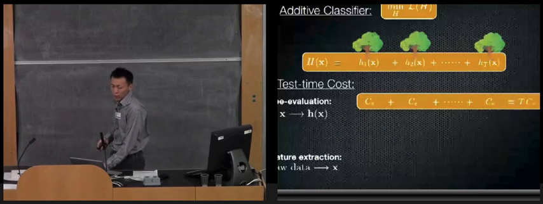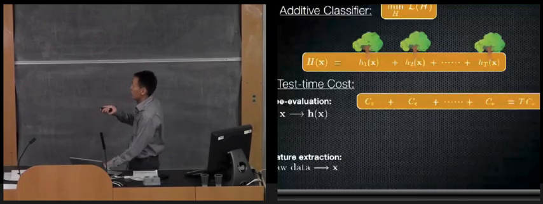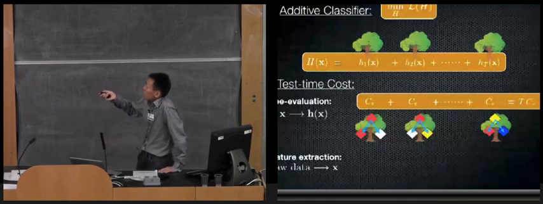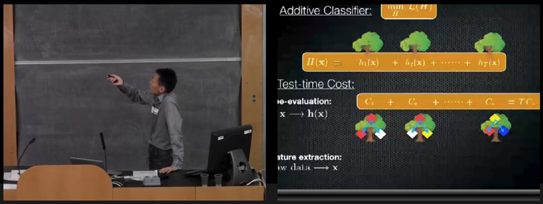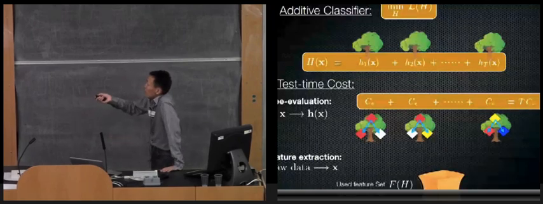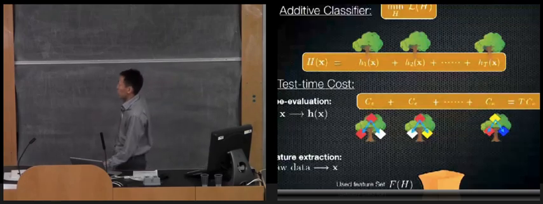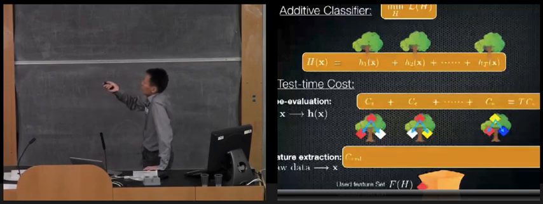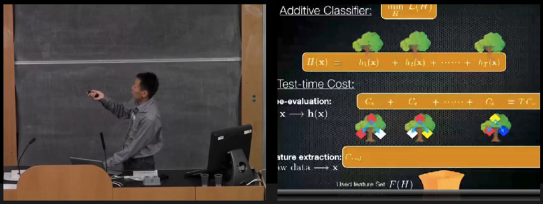The feature extraction cost is the cost of transforming your raw input into the feature representation x. Once we extract a feature for the first weak learner, we don't have to extract the same feature again for later weak learners. So we define a used feature set f_h to indicate which features we have already extracted and paid for, so we don't need to extract them again. For example, in the first weak learner, the first split is on the red feature, and we include the red feature in our feature extraction cost.